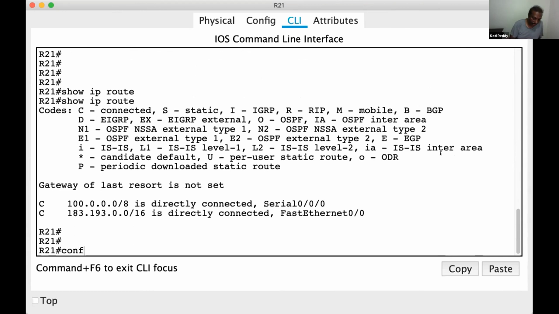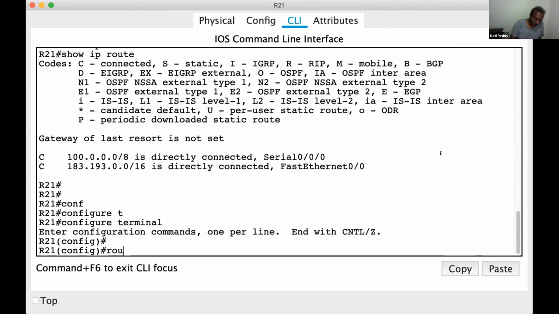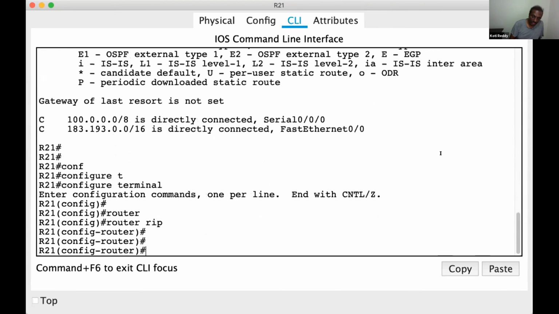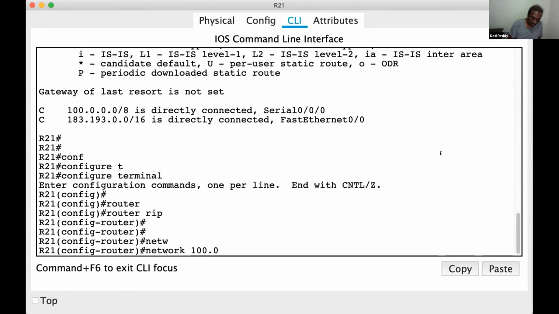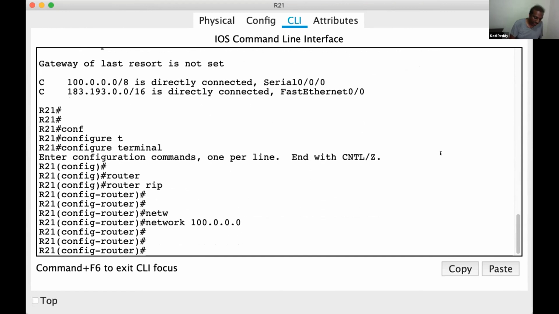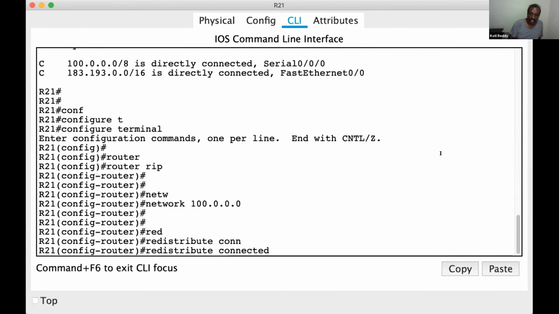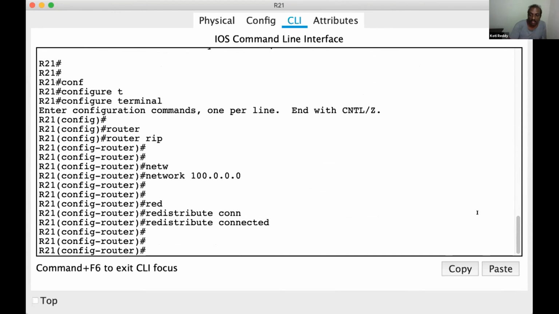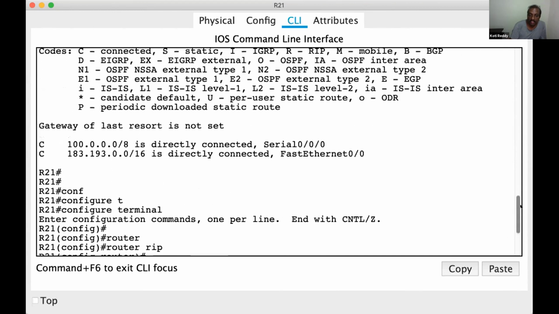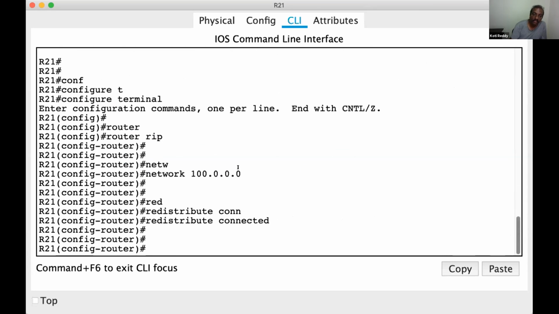So I say configure terminal. I say router RIP, and I give the command network 100.0.0.0, and I say redistribute the connected network IDs. Because I did not want to enable on the other interface, but still I want this network to be known to other routers. So I give the command redistribute connected. At one go, I did this.